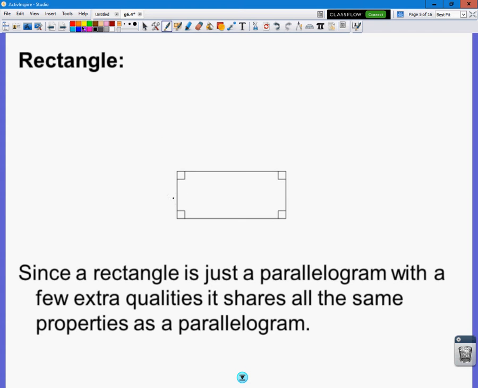I'm positive most of you could identify one, but I'm not sure that we could all define it. It is a quadrilateral. In other words, it has four sides with four right angles.